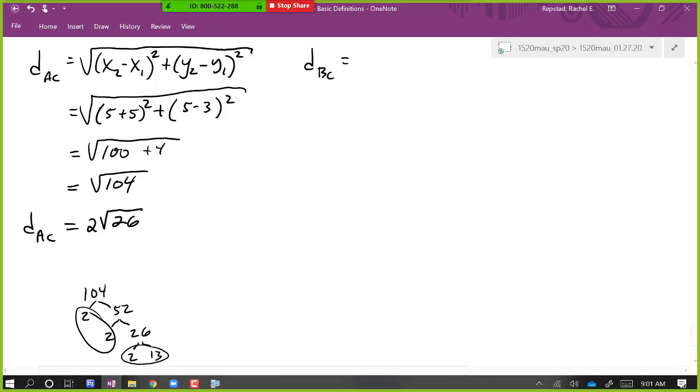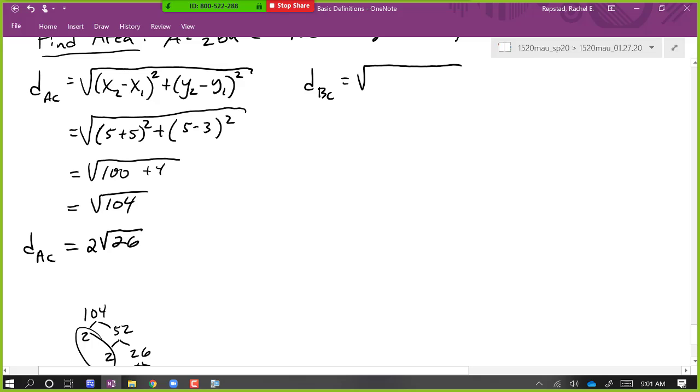Let's do the same thing for the BC distance. I've already written out the formula, so I'm going to jump into plugging in the coordinates. So x2 minus x1 is 5 minus 6, squared, plus y2 minus y1 is 5 minus 0, squared.